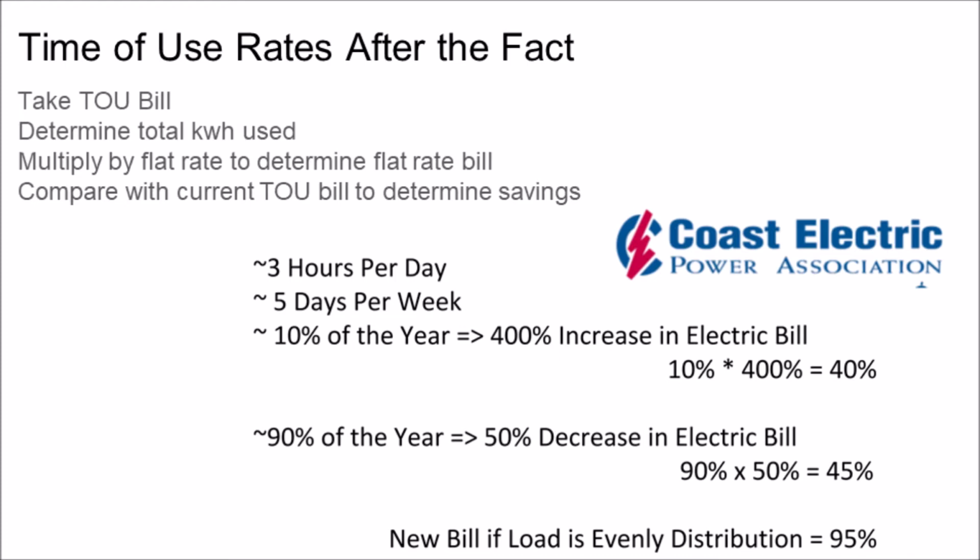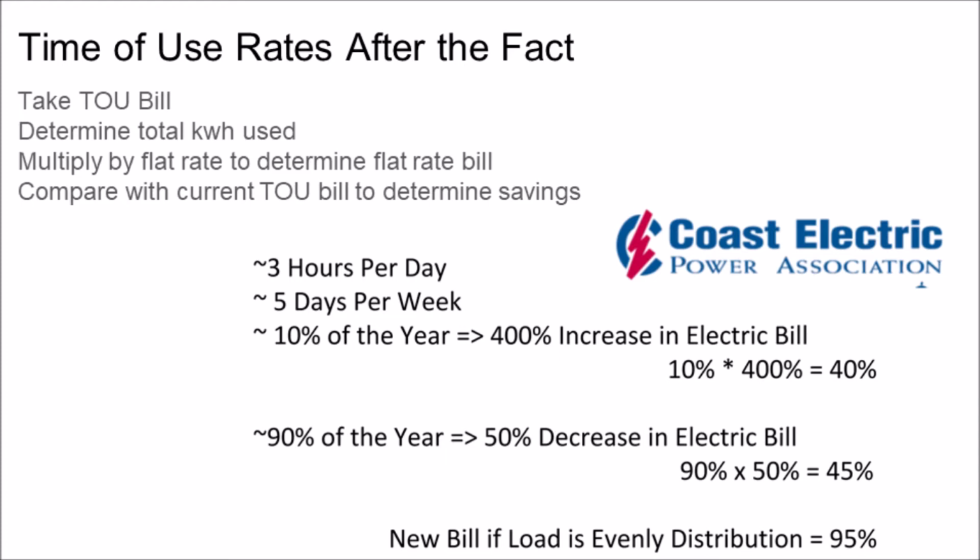And if my peak load is a little higher than my average off-peak load, then by increasing my peak rate by 400% and then reducing the off-peak rate by 50% for the remaining 90% of the usage, that starting out of the gate would decrease my electric rate by 5%.